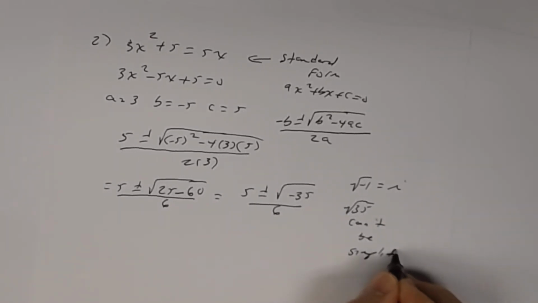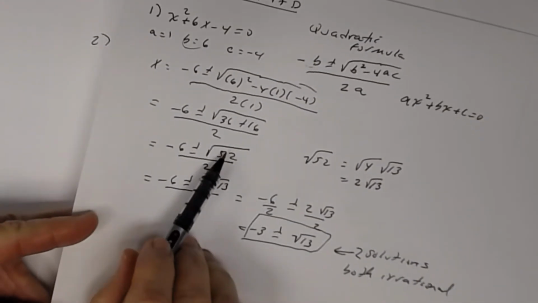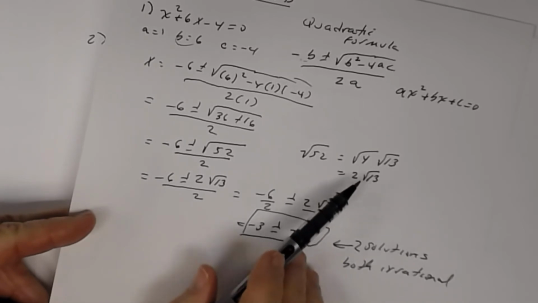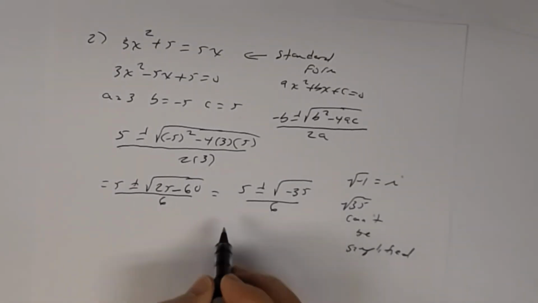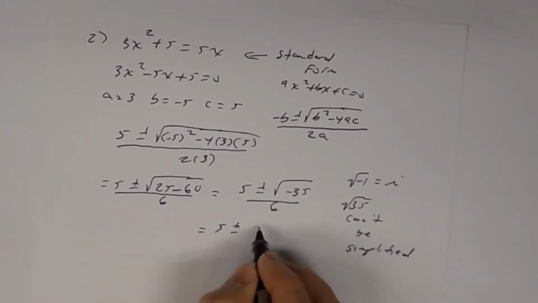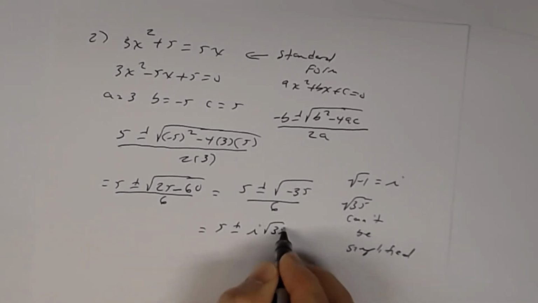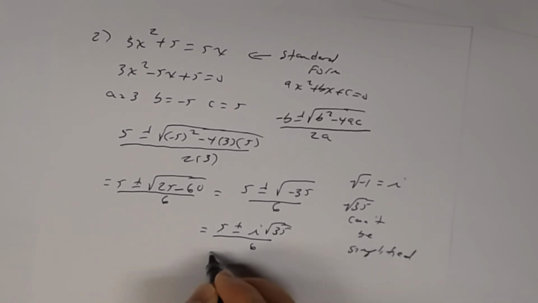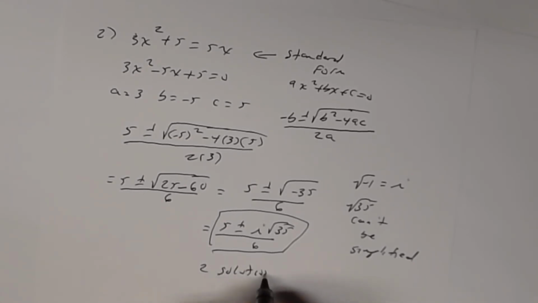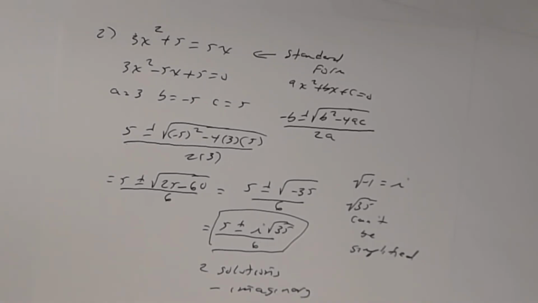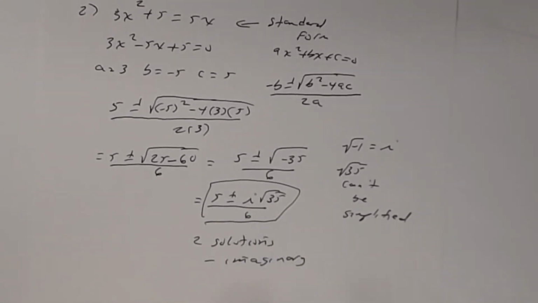Remember when we did the square root of 52, I could simplify that. The square root of 35 I cannot. So all you're going to do for your answer is say 5 plus or minus i square root of 35 divided by 6. And that's all you can do. There's your answer. You get two solutions, and they are imaginary, so they're not real solutions.